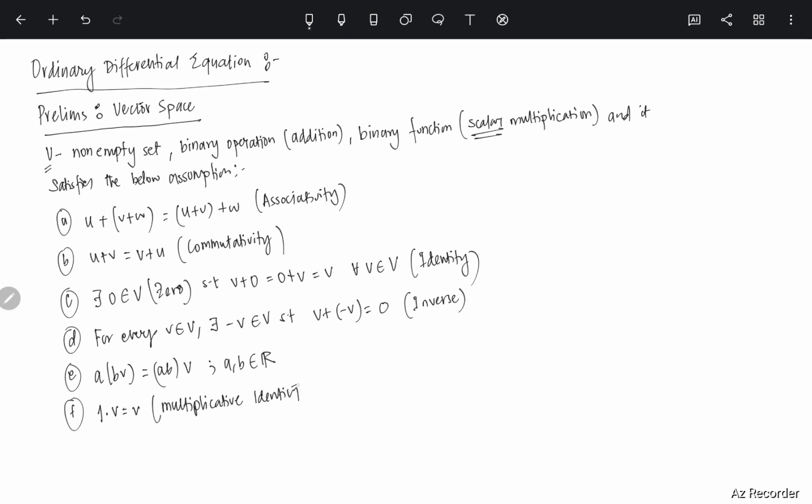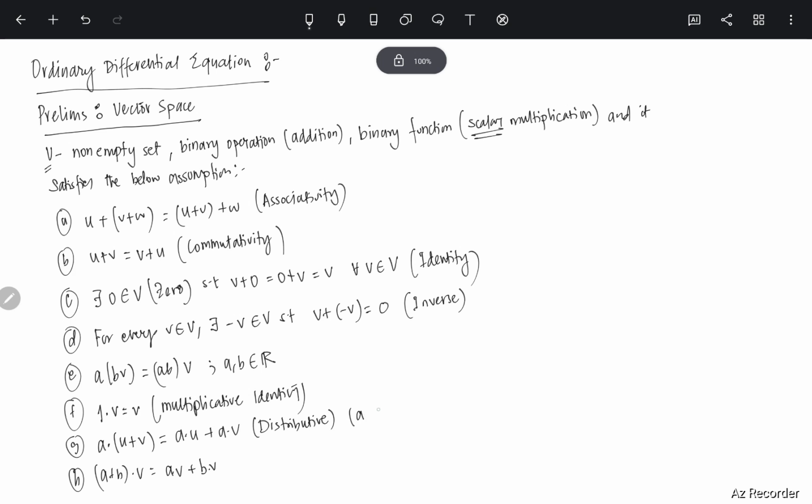And then you also have the distributive property: A times (U plus V) is A times U plus A times V. And then you also have distributivity of scalar multiplication with respect to addition: (A plus B) times V is A times V plus B times V. Essentially here I am assuming A is in R and U, V are in V. R can be any field F, you can replace it there.